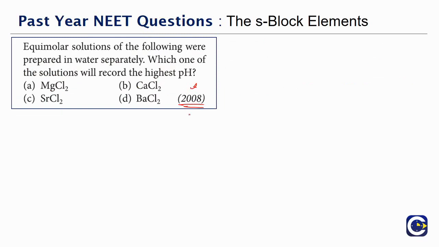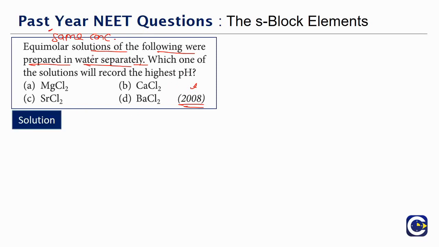Next we look at a question that has come in the year 2008. Equimolar solutions of the following were prepared in water separately. Equimolar means we are looking at the same concentration of all these chlorides being taken. Which one of the solutions will record the highest pH?